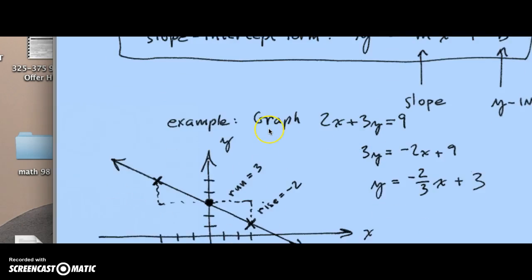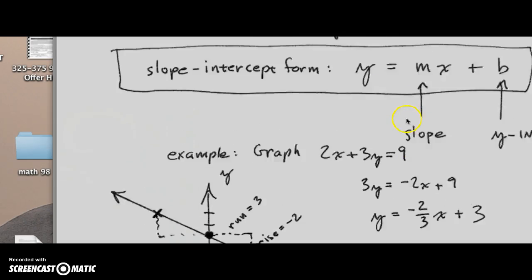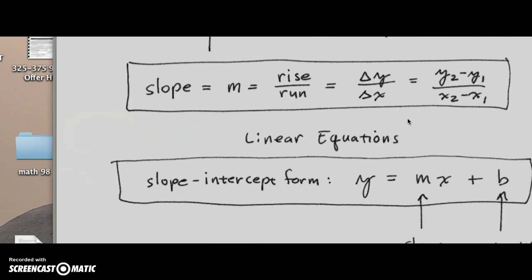Know the slope-intercept form, y equals mx plus b, and know what that's good for. And finally, remember the slope formula. Rise over run is a good way to remember it. Change in y over change in x, vertical change over horizontal change. And of course, that's the difference in the y coordinates over the difference in the x coordinates for a pair of points. Have fun!